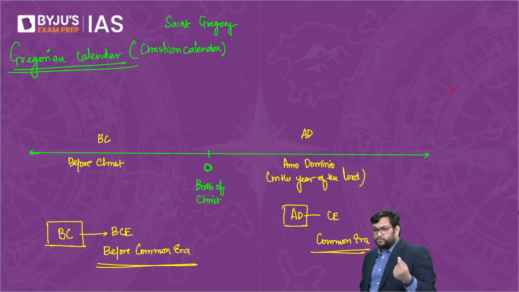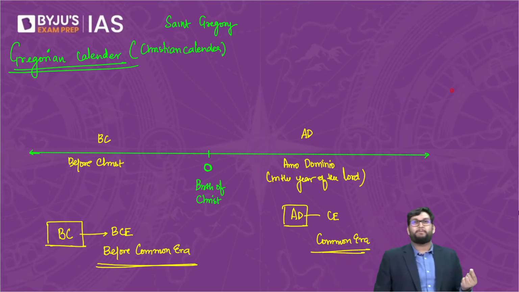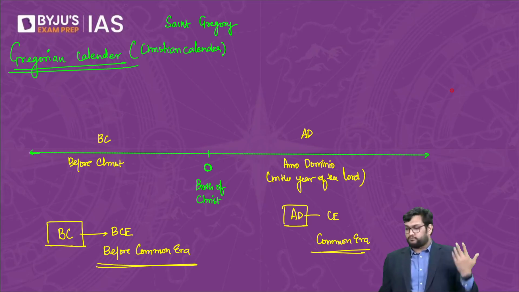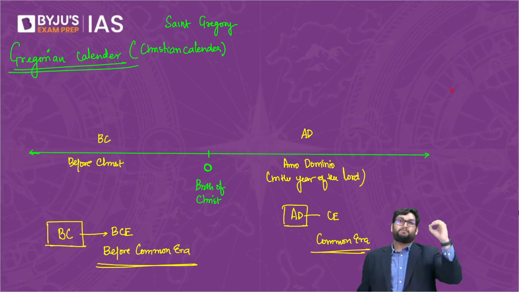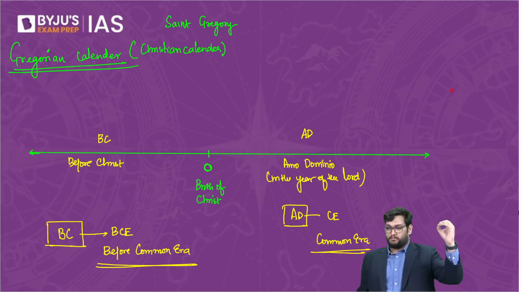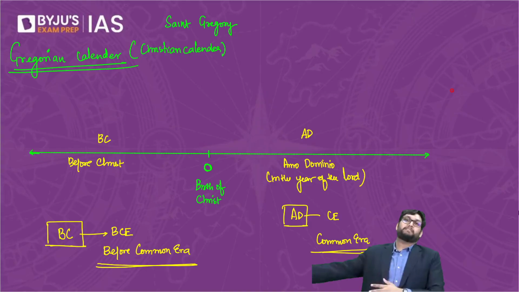In history, we use BCE and CE today. But the UPSC, you don't know the examiner which level he is. Sometimes they write BC also. Okay. When Christ born? 0. Now don't ask where is 0? Because 0 is at 0. When Christ was born, he was born in West Asia, 0.